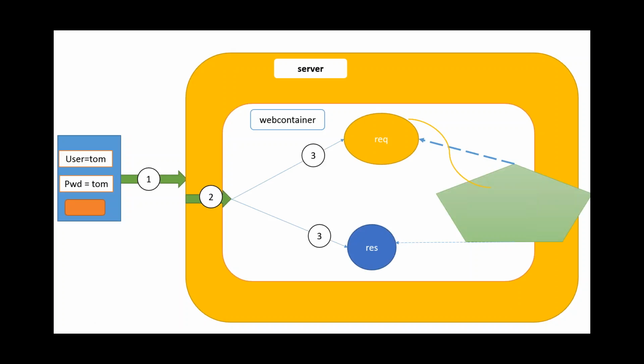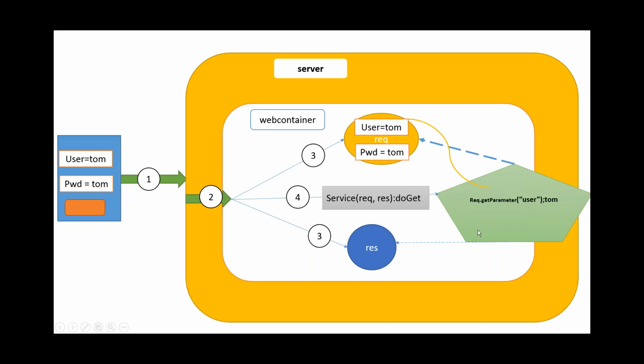Then it will invoke the servlet. So then it will call the service method. Service method is used for servicing the client, and this service method will have access to this request and then this response object.